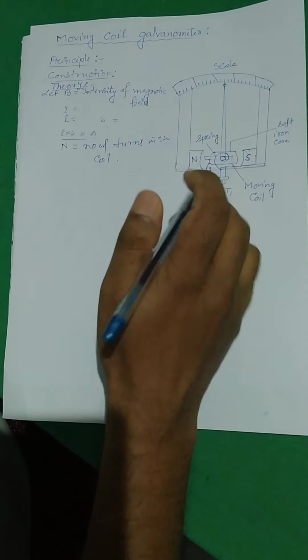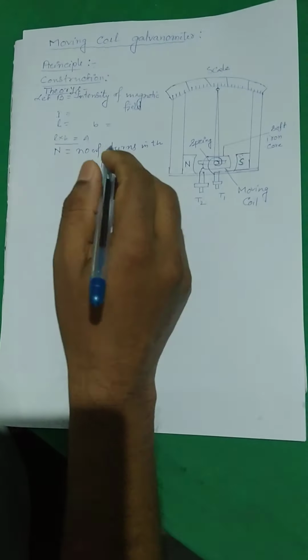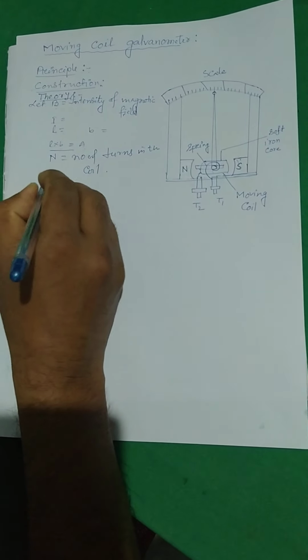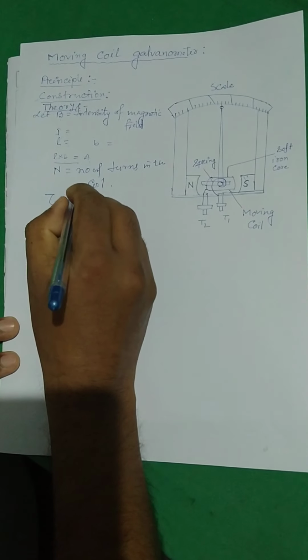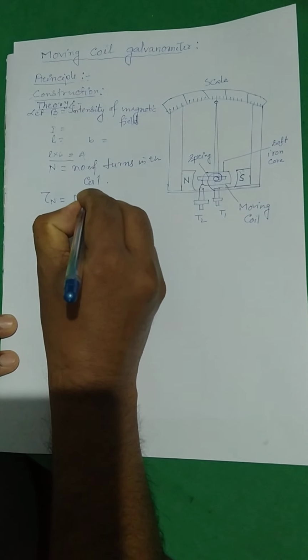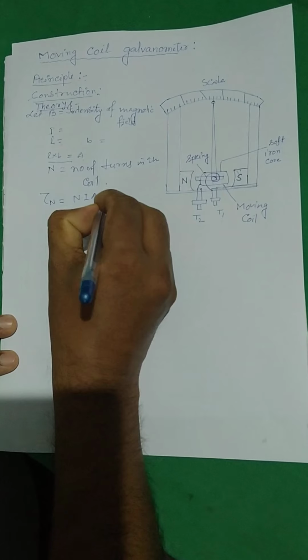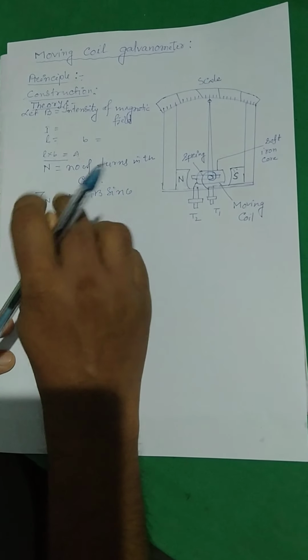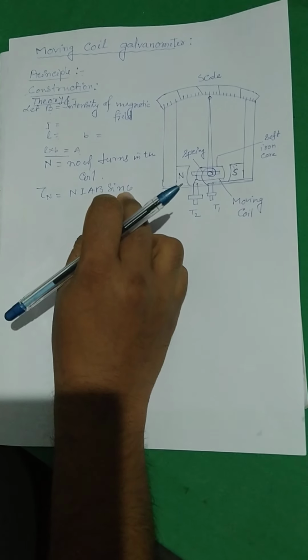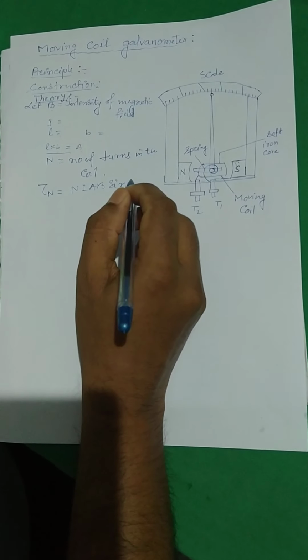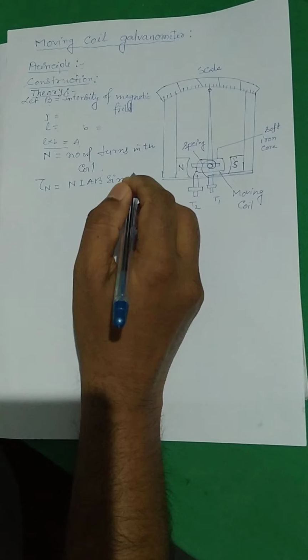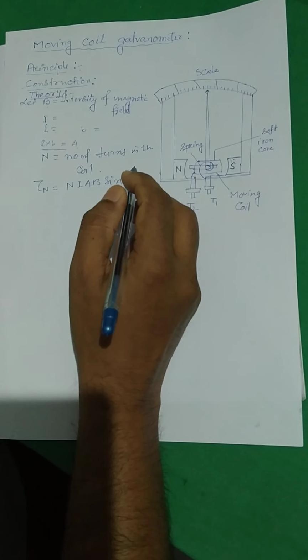When current flows through the coil, it experiences a torque, which is given by tau equal to NIAB sin theta. Theta is the angle made by the normal to the plane of the coil with the direction of the magnetic field.